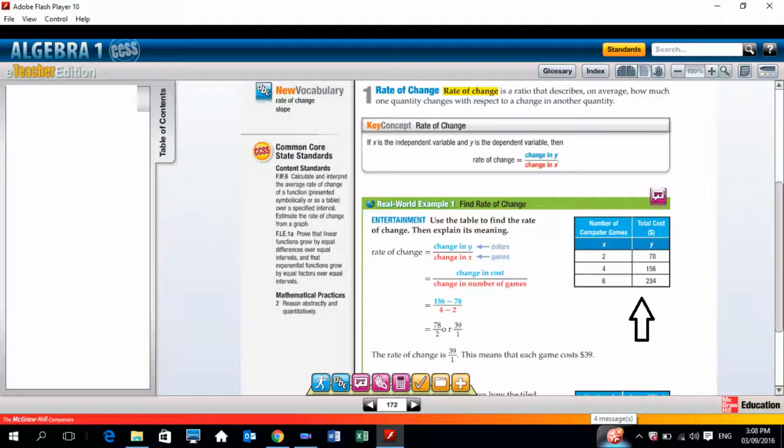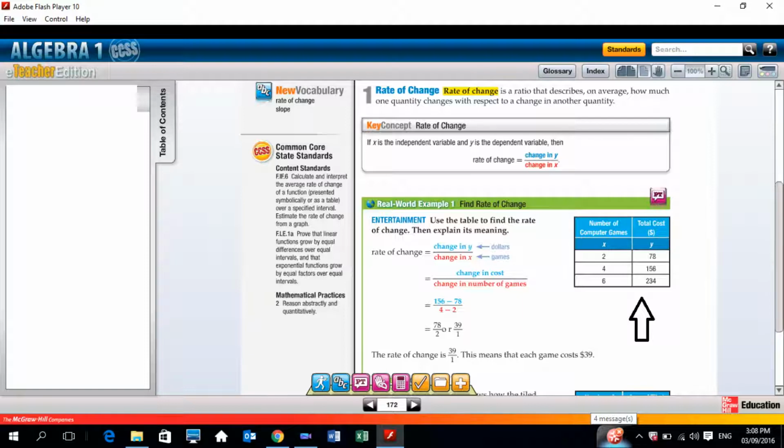At the end, when it's a rate, it doesn't matter where you are placing the values. What matters is the comparison and the way we read it. For example, in the entertainment part, we can read it as the change in y is the change in cost, and the change in x is in fact the change in number of games.